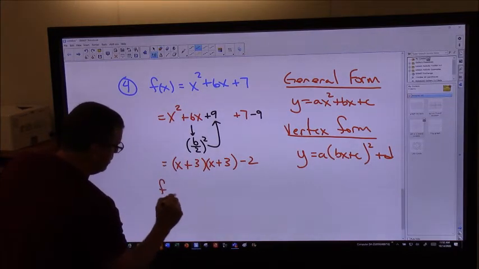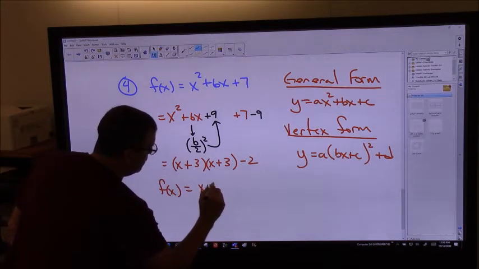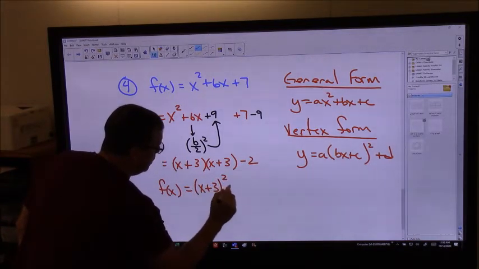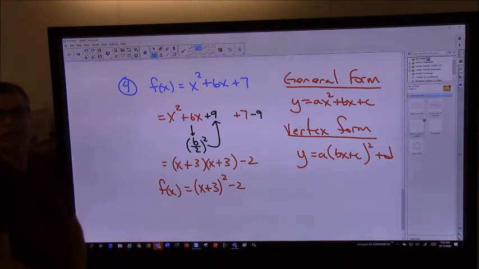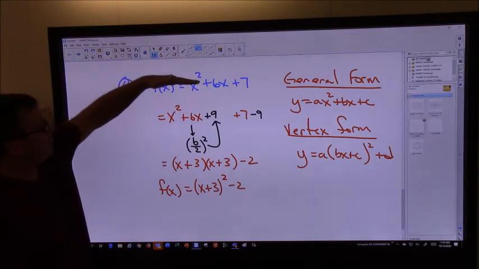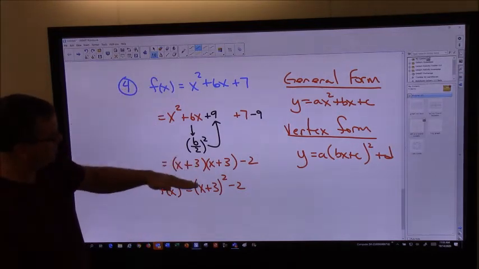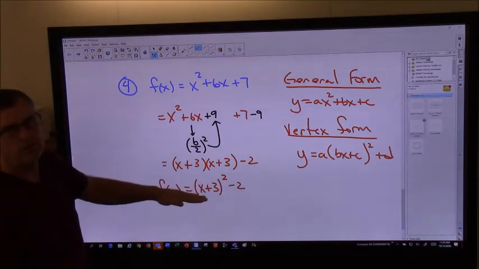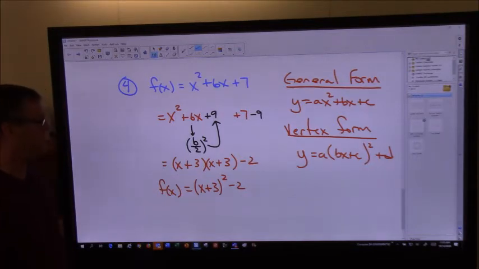And so now my equation is this: x plus 3 squared minus 2. Now I'm ready to graph this, okay? So when I see something that's in general form, that's not as easy to graph. I want to convert it to vertex form, and then it's easy to graph. Okay, you guys go ahead and try this.